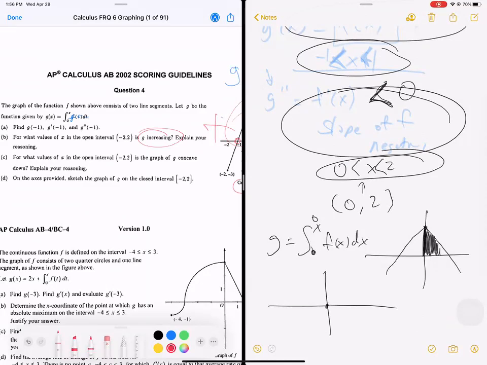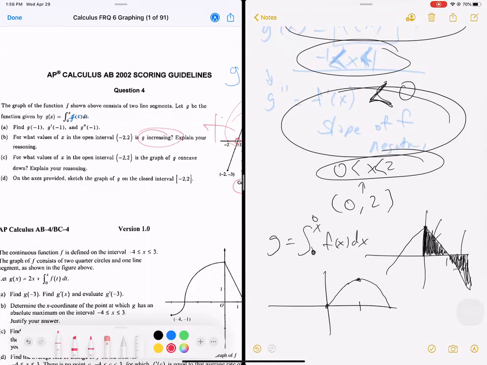So the value is starting to increase, increasing until 1. At 1, we stop growing, and then I start subtracting area. Sadness. Till we end up back at 0, where this triangle and that one are the same size.